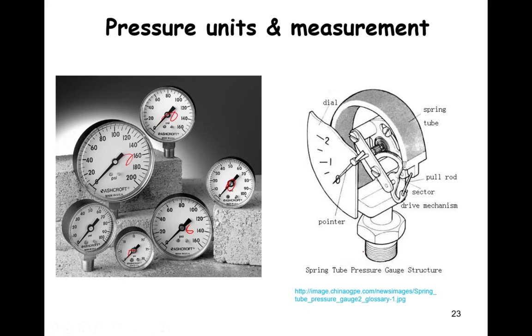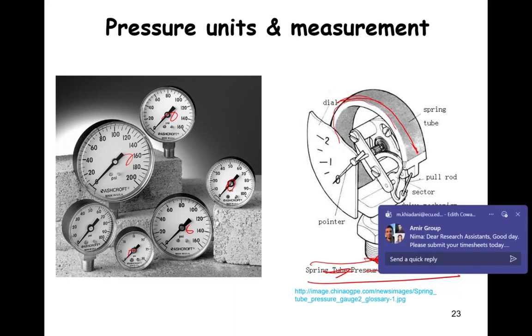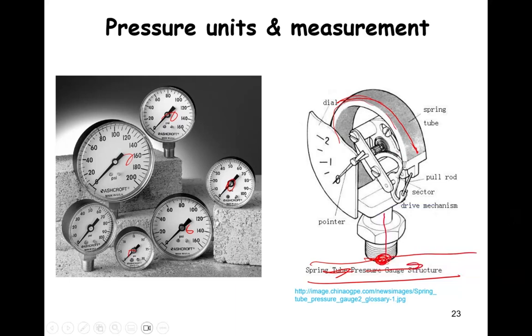Let's say we connect this one to a tube that has fluid going through it, and we want to measure the pressure at this point. We connect it here. What will happen? The liquid or gas goes inside, and this is a spring type tube. You see this gray area is like a circle or semicircle, whose end is free.